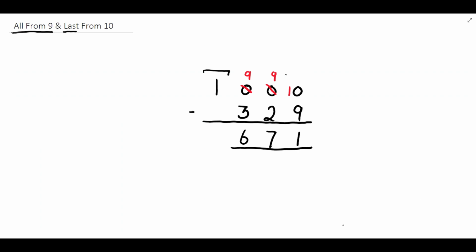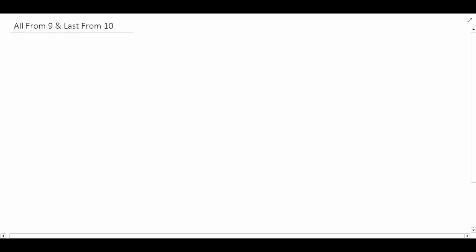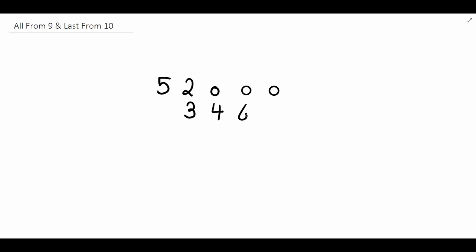It's a very simple technique that you can easily learn to apply in your daily mathematics. Let me show you one more question. Let's take the numbers 52,000 and 3,461.